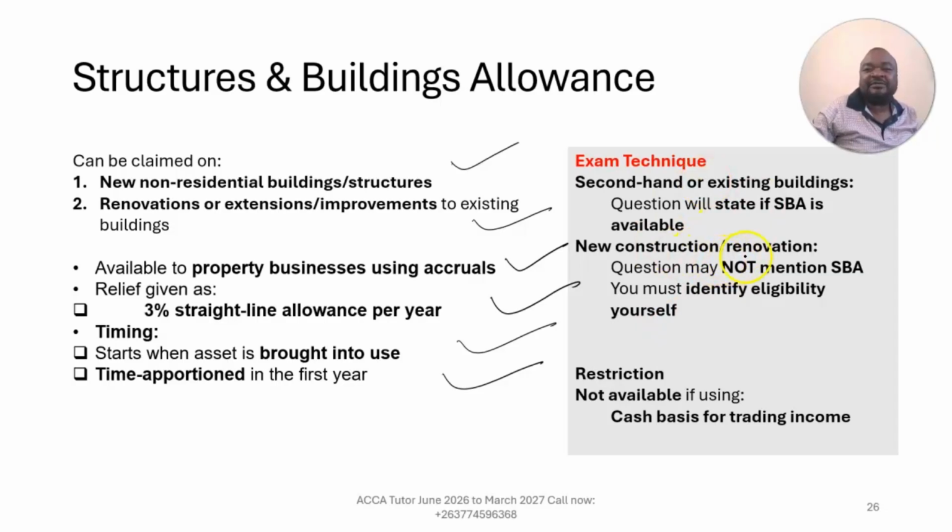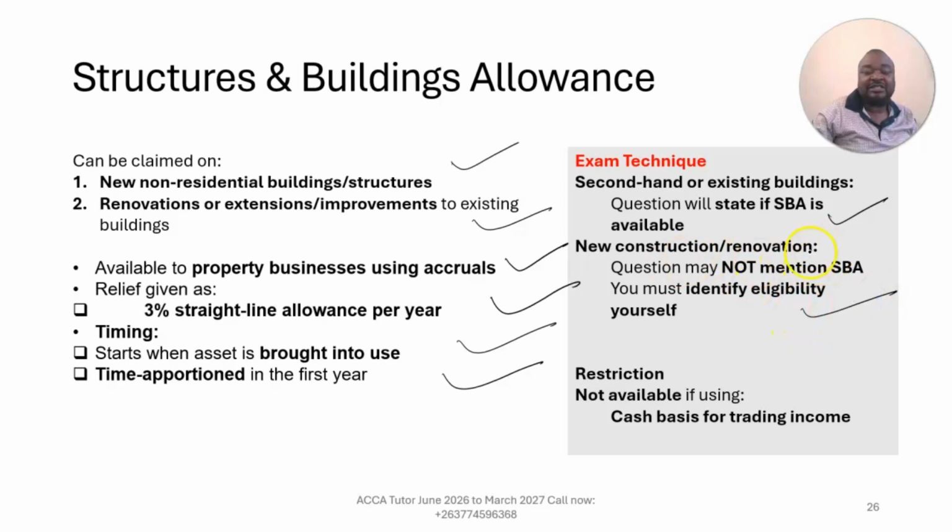The exam technique. Second-hand or existing buildings: the question will state if the structures and buildings allowance is available. New construction or renovation: the question may not mention SBA. You must identify eligibility yourself.